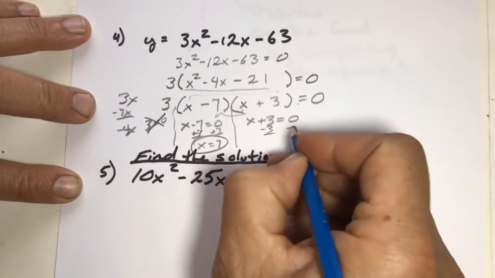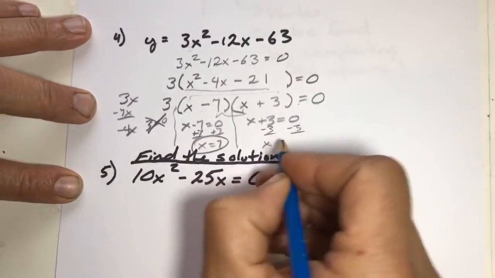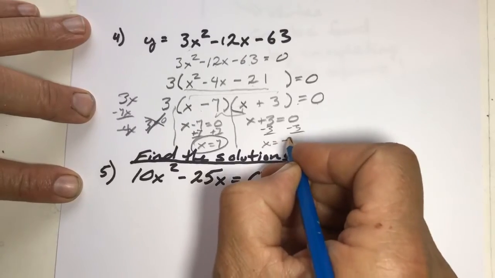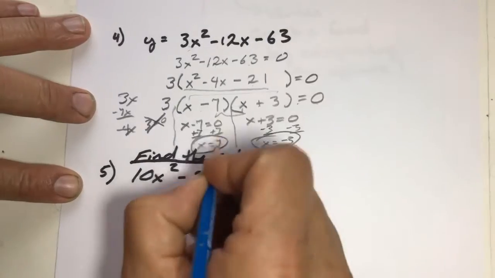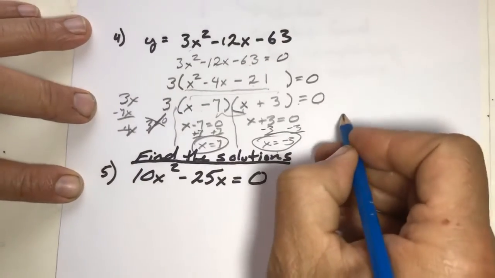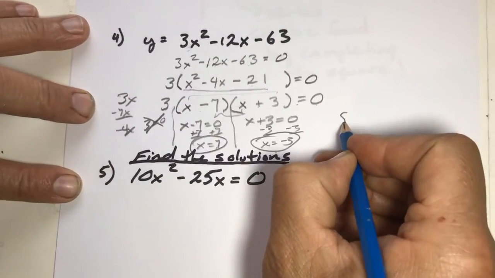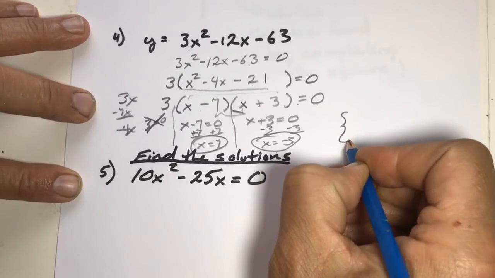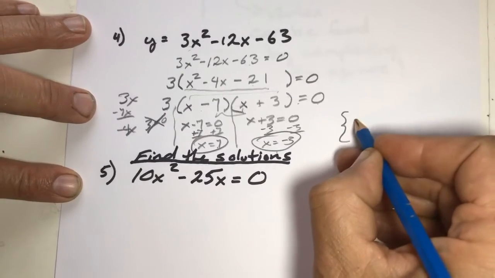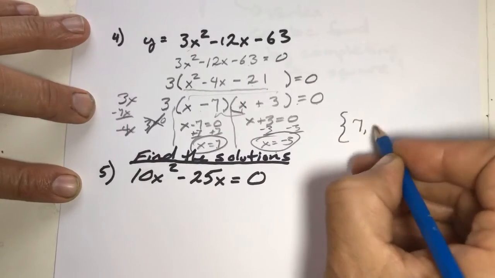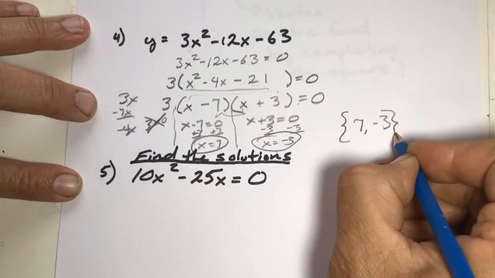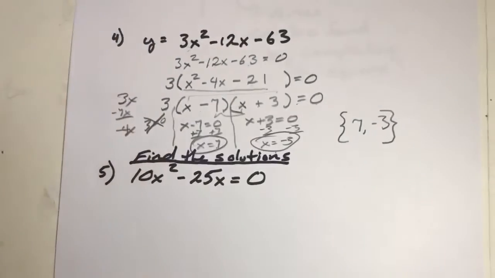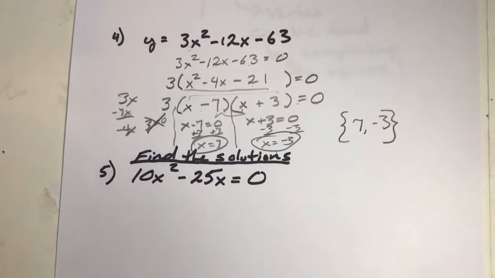The other answer, and remember the opposite, so we got a zero of negative 3 over here and a zero of 7. Now the book makes also this effort to write the answers as a solution set, and you got to use those fancy braces. If you want to do that, you can say 7 and negative 3. That means this is roster notation. This is a list of answers.